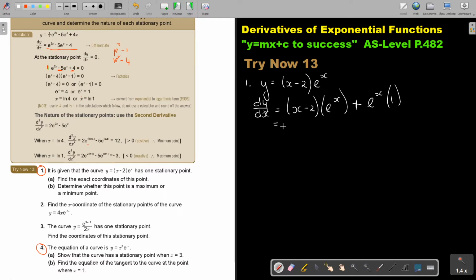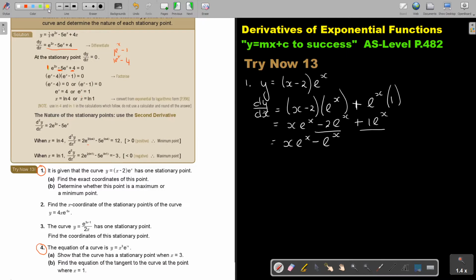And if I simplify this, it's going to be x e^x minus 2e^x plus 1e^x. Now don't forget those are like terms. So this is going to be x e^x, and negative 2 plus 1 is just going to be negative e^x, and that is my answer.